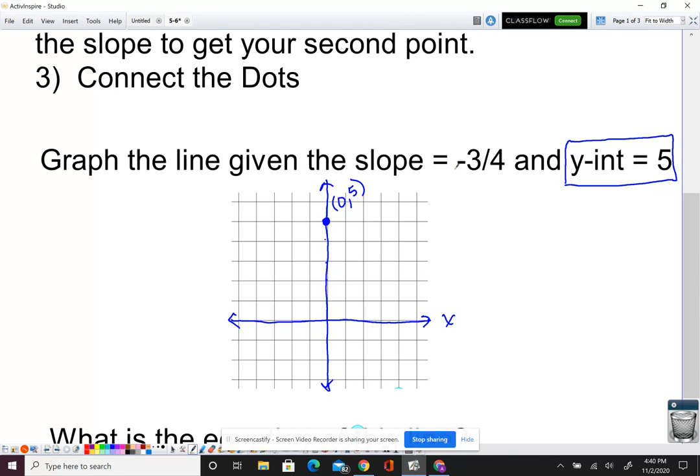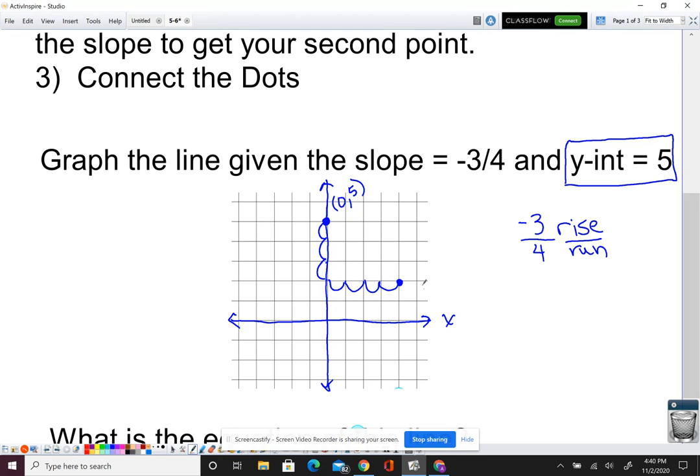Then we have a slope of negative 3/4. We're going to use the negative 3 as our rise and the 4 as our run. So our rise is negative 3, so we go down 3 units. We're not going to put a point, but from there we run over 4 units, and then we put our point.